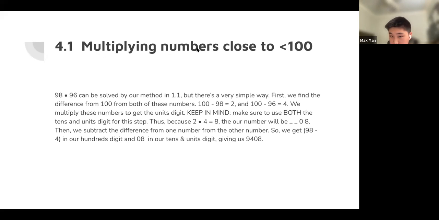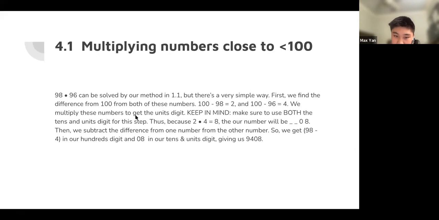So what if we multiply numbers close to but less than 100? 98 times 96 can be solved by our method in 1.1, but we have a simpler way. First, we find the difference from 100 for both of these numbers. 100 minus 98 equals 2, and 100 minus 96 equals 4.